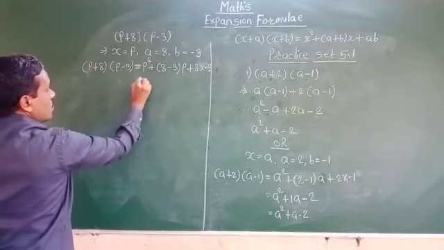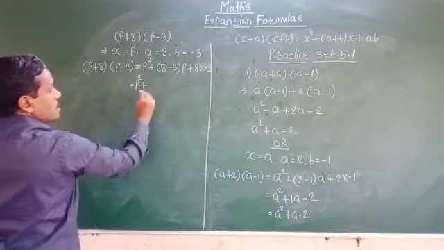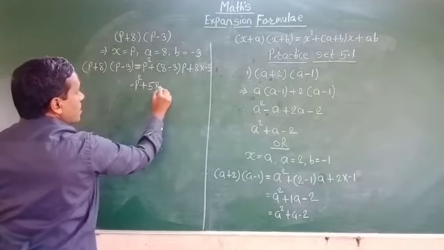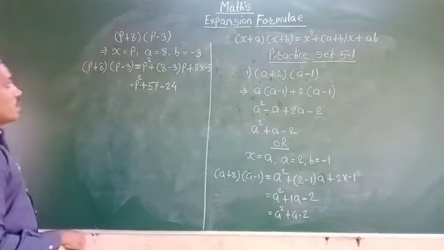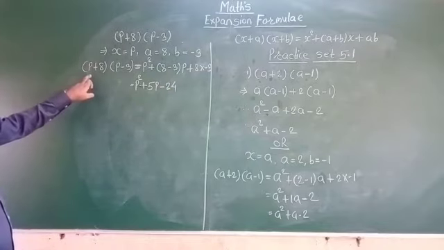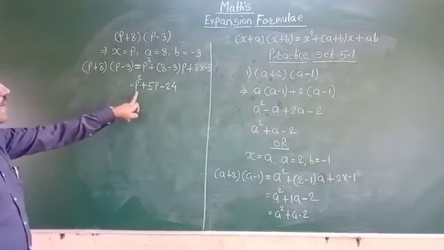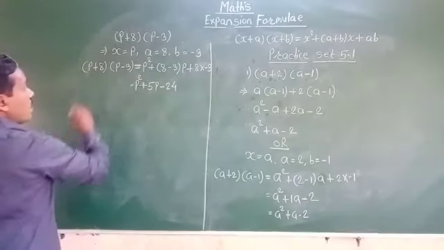So p square plus 5p, plus into minus, 8 threes are 24. The expansion of (p + 8)(p − 3) is p square plus 5p minus 24.